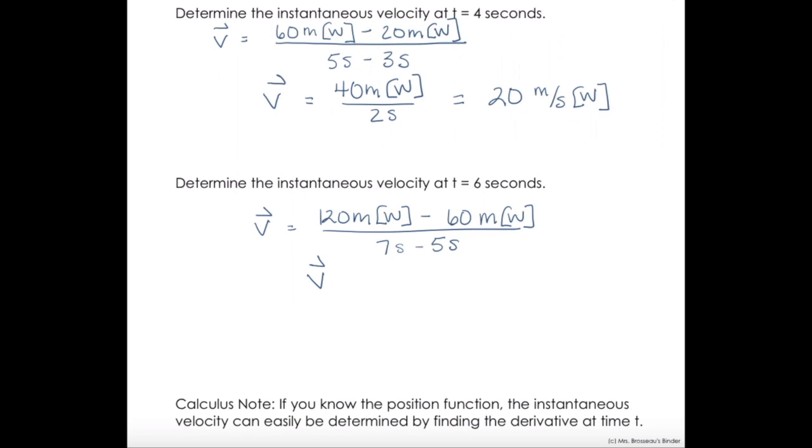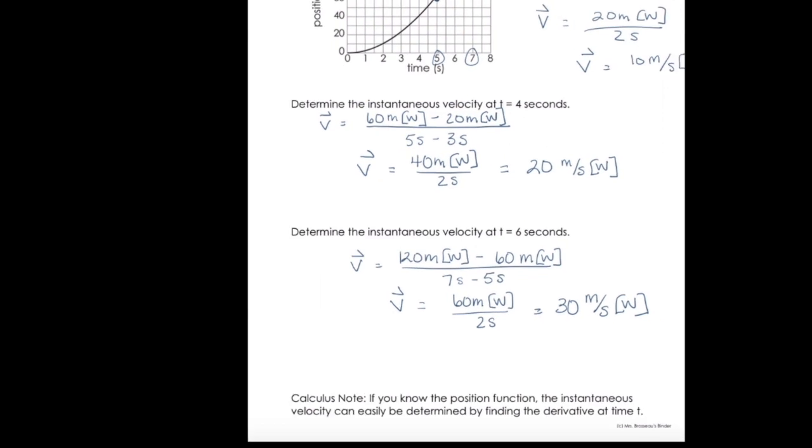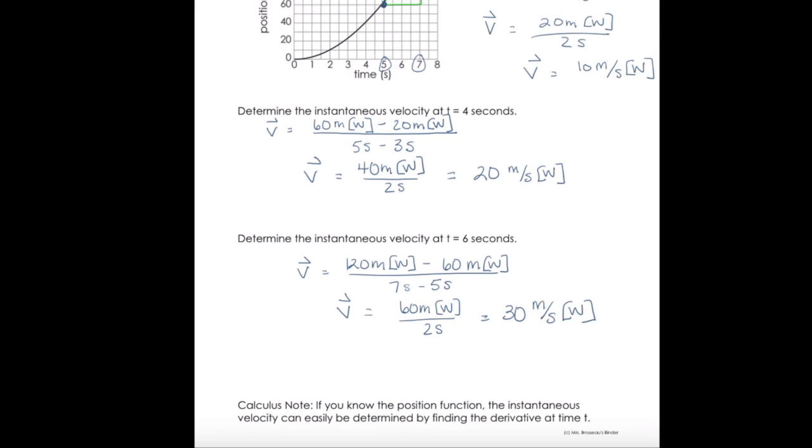Then we get 60 meters west all over 2 seconds, which equals 30 meters per second west. So if we look at the 3 different values that we got for the instantaneous velocity, you'll see as time goes on, the velocity is increasing steadily.